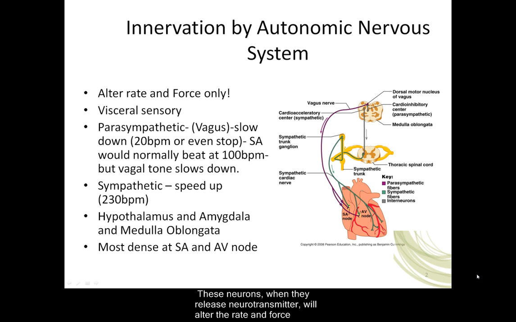These neurons, when they release neurotransmitter, will alter the rate and force of the heart contraction. Let me say it again. These nerves do not instigate the action potential, but they do modify how quickly the specialized cells reach threshold and therefore alter heart rate and inotropy, which means force of contraction.